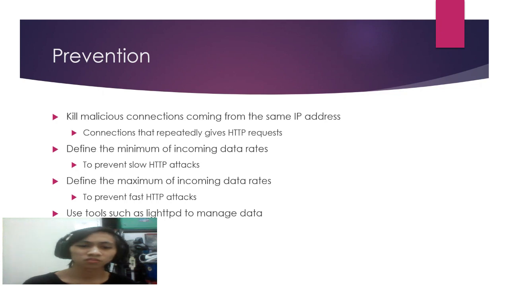And define the maximum of incoming data rates. This is to prevent fast HTTP attacks, such as mine. Use tools such as Lighttpd to manage these data, and Lighttpd is able to define the minimum and maximum amount of incoming data rates. Thank you.